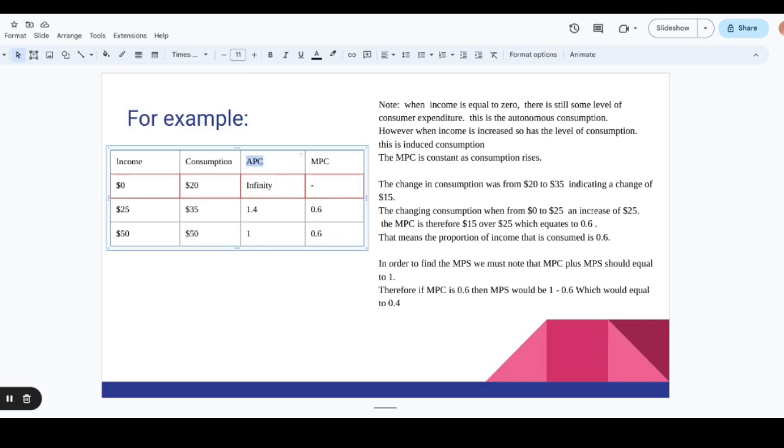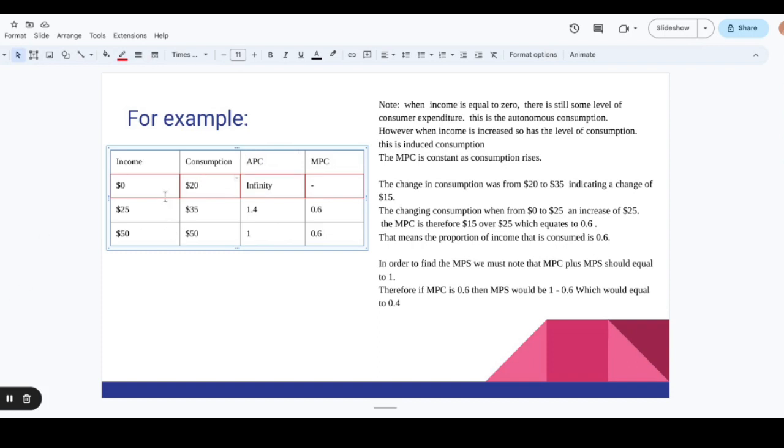But when consumption is autonomous, then it is infinity. So you have the infinity symbol that would be there. Couldn't find it in Word or anything like that. So yeah, that's just the observations from this table.